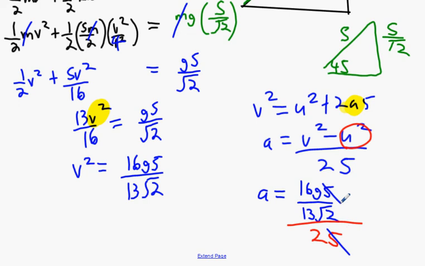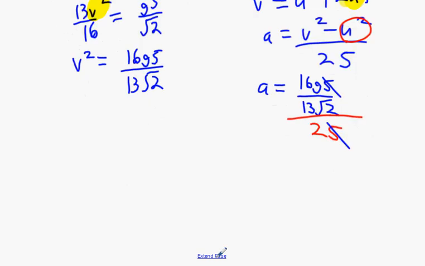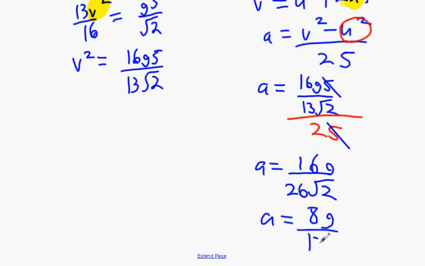And that 2 multiplies by the 13, so it'll be a equals 16g over 26 root 2. There's a g here somewhere. Half it, it's 8g over 13 root 2. That's it, or the decimal version of said answer.